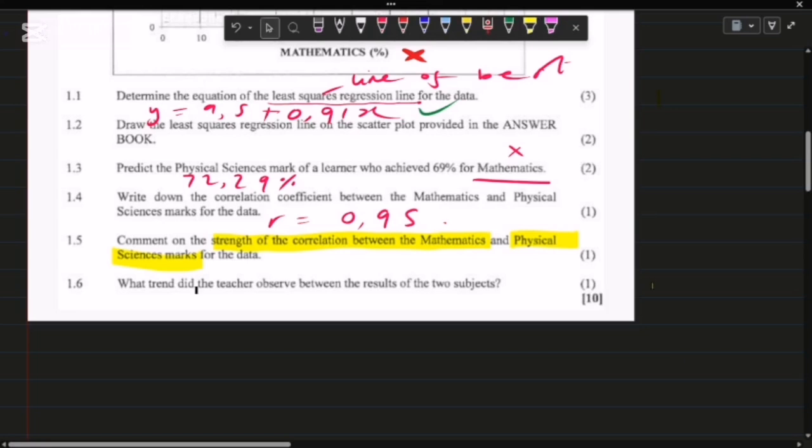Now, you will recall that I went through a series of these interpretations when we were doing all the theory related to this question, and we established that if the correlation coefficient is between certain values, then that means this.